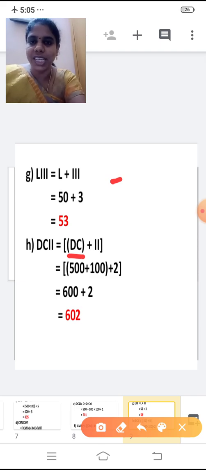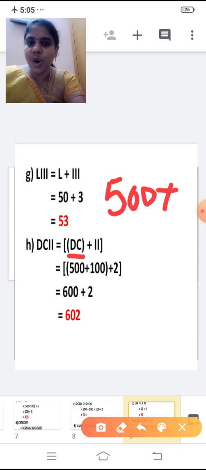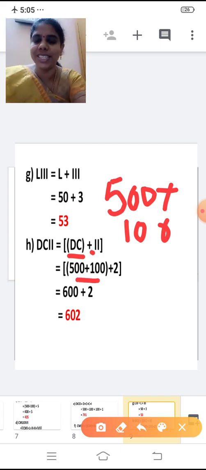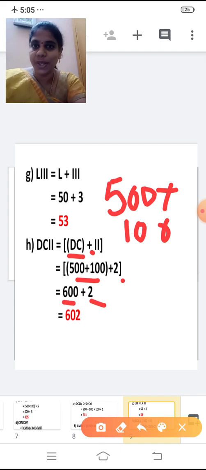So D plus C. Value of D is 500 plus value of C is 100. So 500 plus 100 plus value of I is 2. Now add all together. 500 plus 100, 600 plus 2, 602.